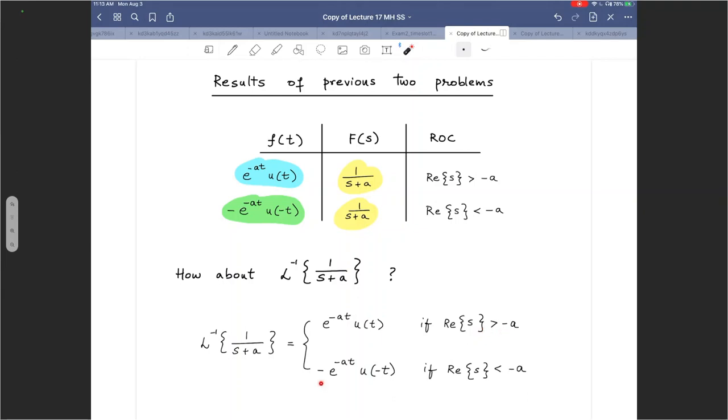It could also be the other one, negative e to the minus at u of minus t, if real part of s is less than negative a. Which means that you cannot just simply give me the function in the Laplace domain, you also have to give me the region of convergence in order for me to tell you what the inverse Laplace transform is. Questions about this?